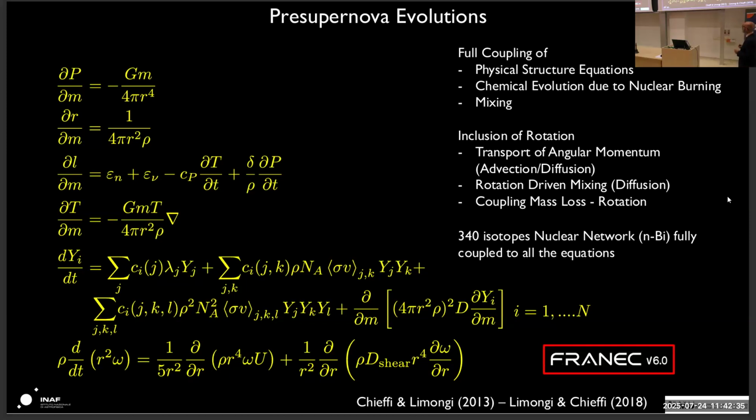All the models that I will present have been computed with our code, the Franec code, in which we consider all the equations for the structure of the star, the chemical evolution of the matter due to the nuclear reactions, mixing for many species, up to 300 and even more, and also the equations for the angular momentum transport. And we couple all these equations together and solve them simultaneously.